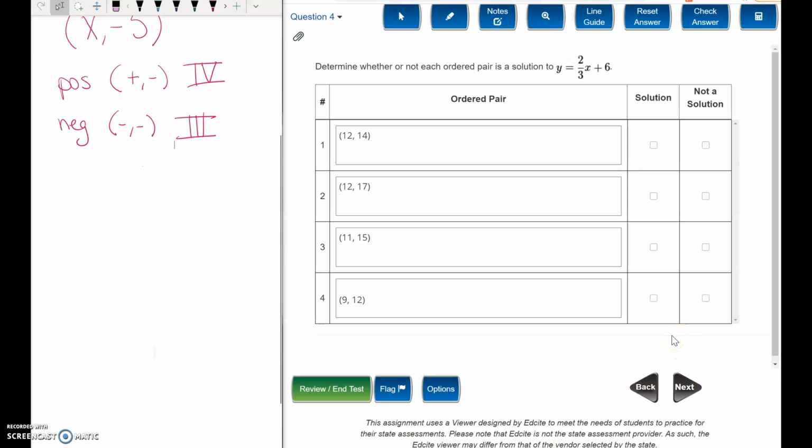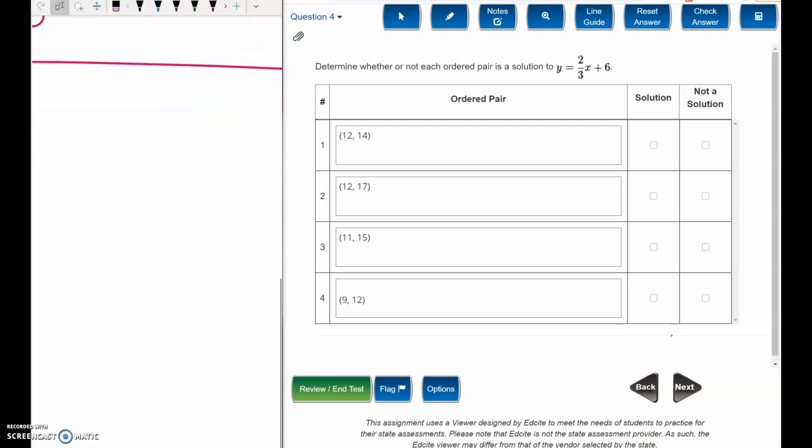Determine whether or not each ordered pair is a solution to the equation. Okay, now I see that 12 is an x value on here twice. So I'm definitely going to plug that 12 in. So I'm going to do 2/3 times 12 plus 6 and see what that equals.